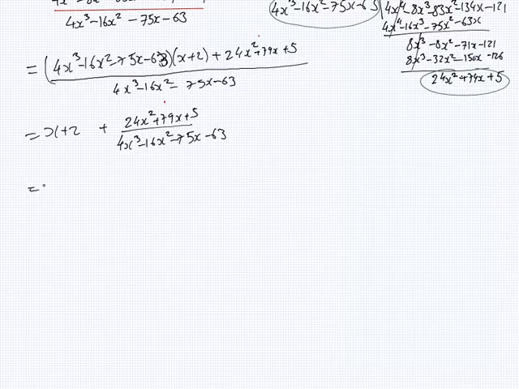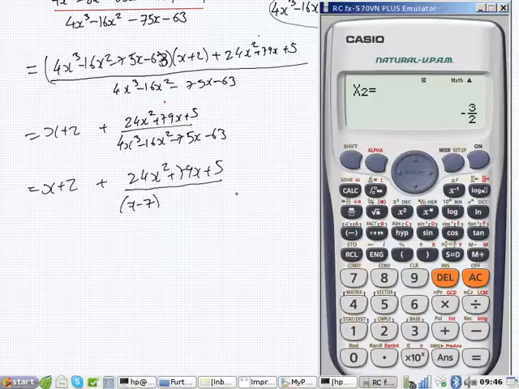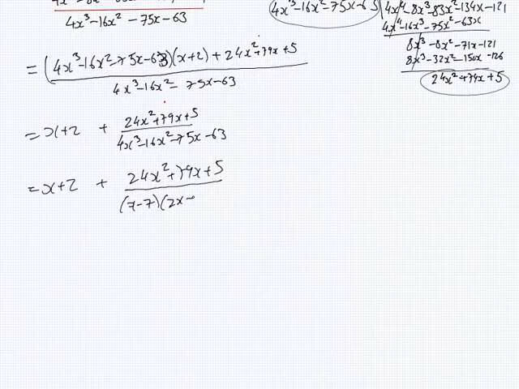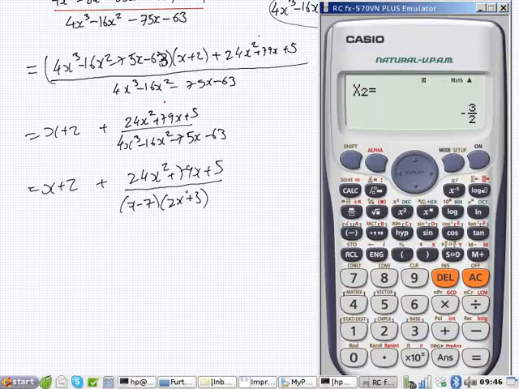So let's write it down. x minus 7, 2x plus 3, isn't it? Yes, and then that's it.